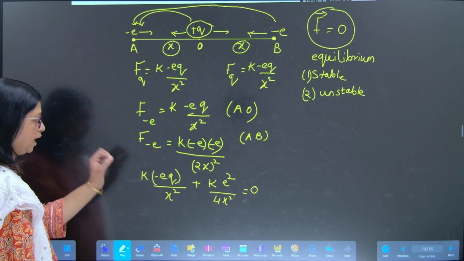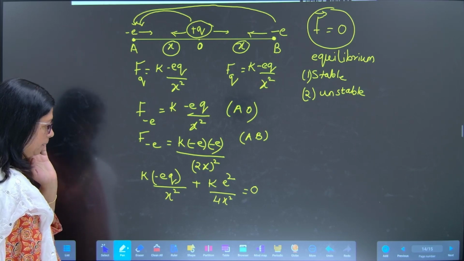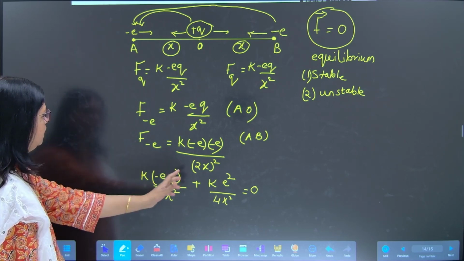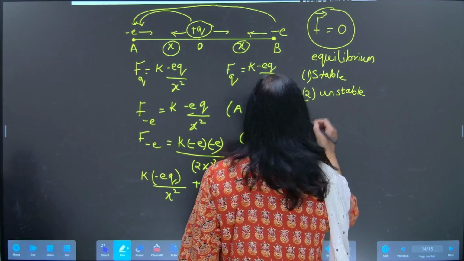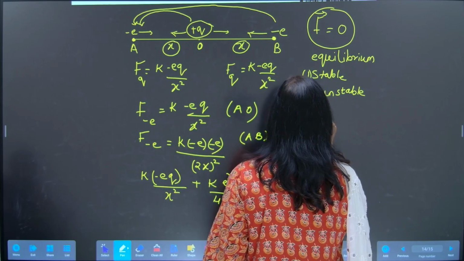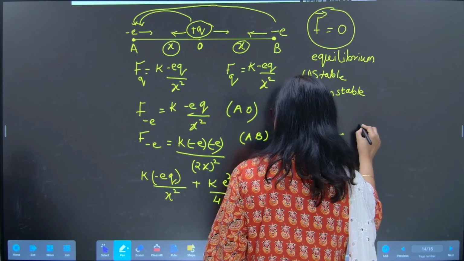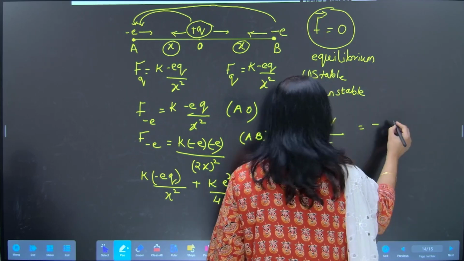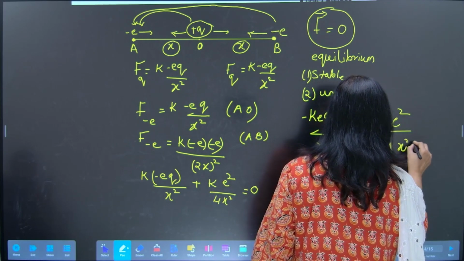Now we have to find the value of Q such that the force is equal to 0. The best way to find out is to take it the other way around: minus K E Q divided by x square is equal to, taking it that side, negative K E square divided by 4x square.